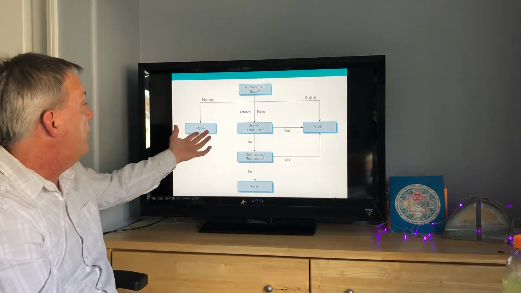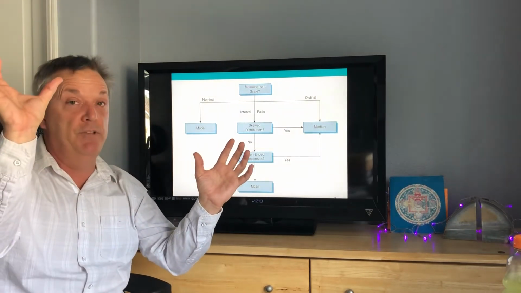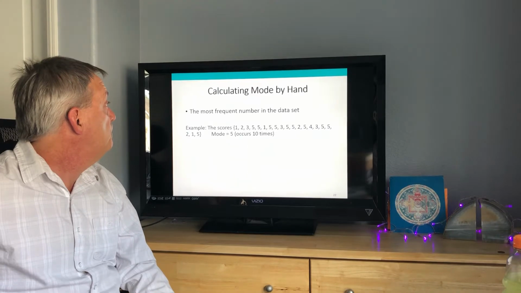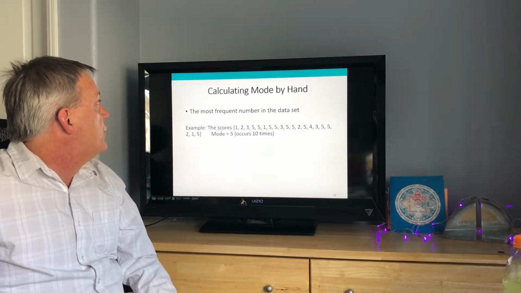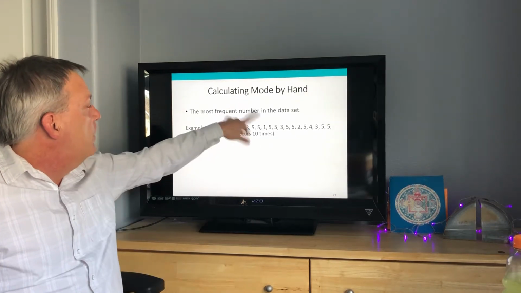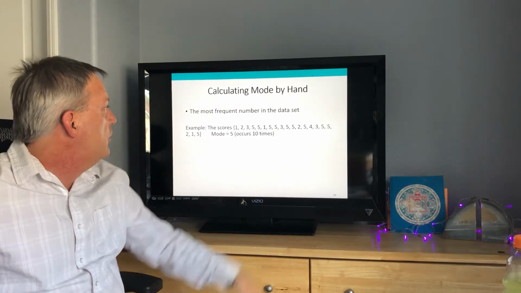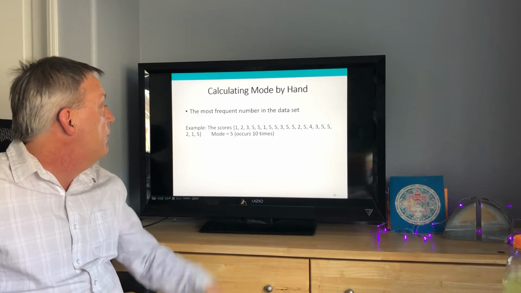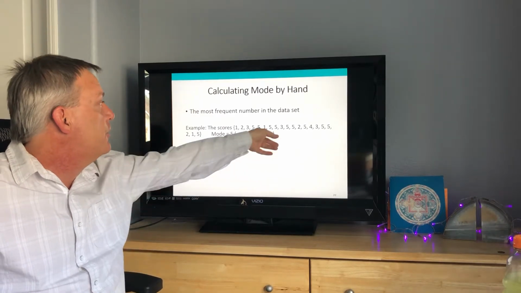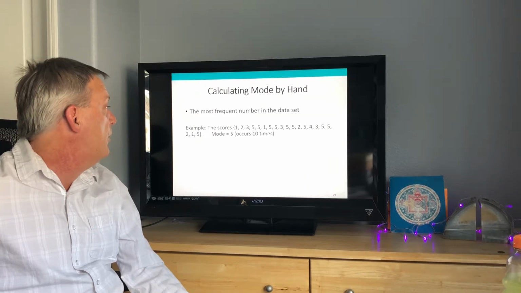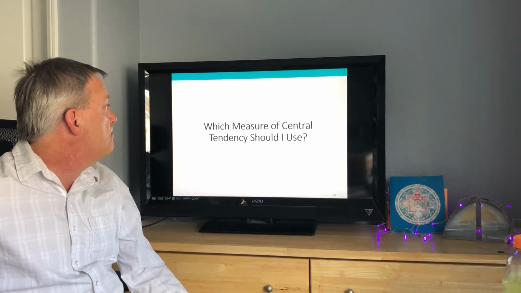But with the mode, it's going to give you the number of instances of yes, number of instances of no. The most frequent number in the data set, of course, is the mode. And as you can see here, the number 5 occurs quite a number of times in these scores. It occurs 10 times, and therefore the mode is 5.